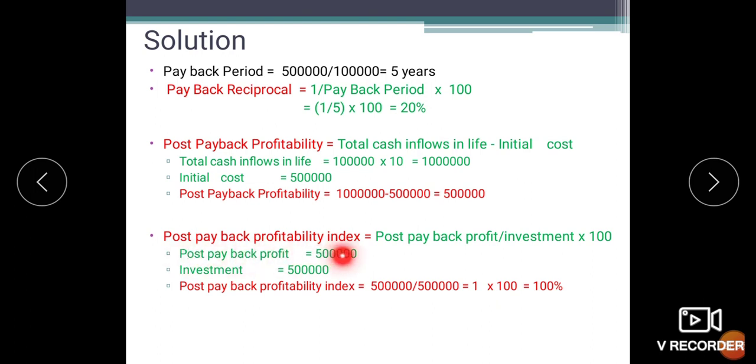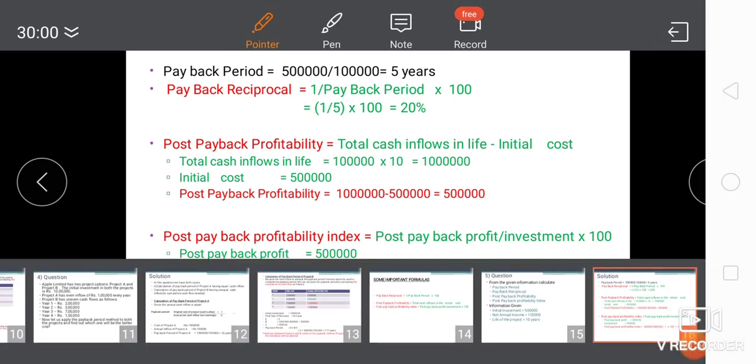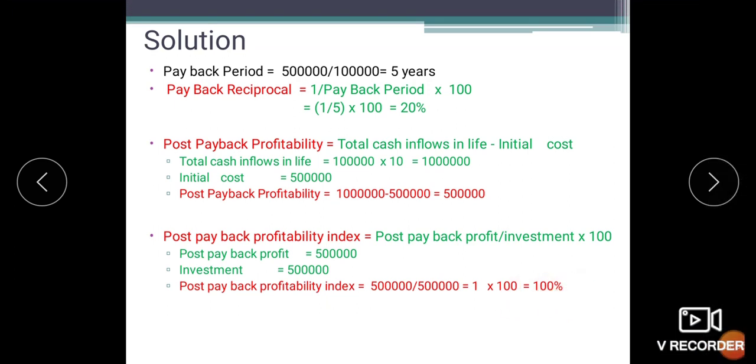Post payback profitability index is equal to post payback profit divided by investment into 100. That is 5 lakh divided by initial investment of 5 lakh, into 100, which is equal to 100%. That is the post payback profitability index.